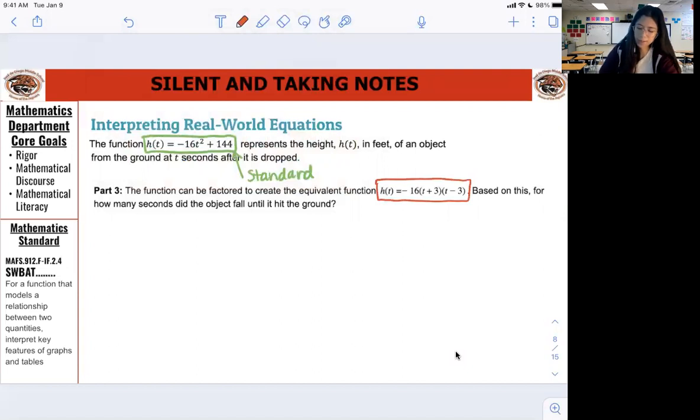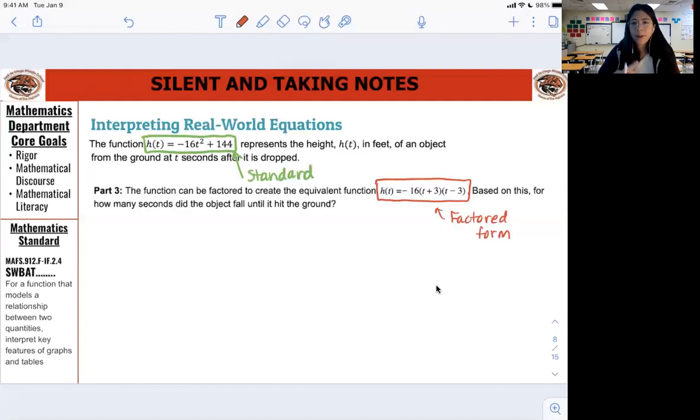Factored form, yeah. So they rewrote it a different way. These are equivalent. They are the same equation, just written different ways. One's in standard form, the other one's in factored form.